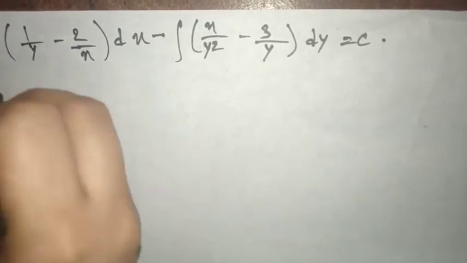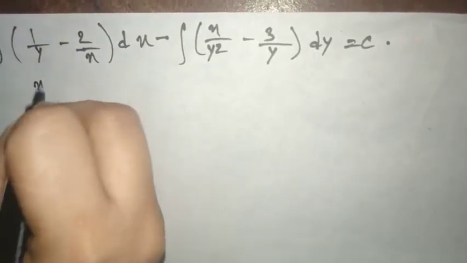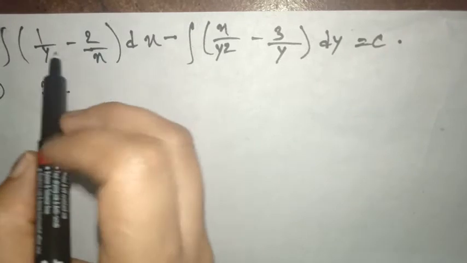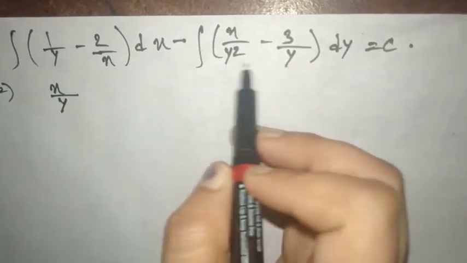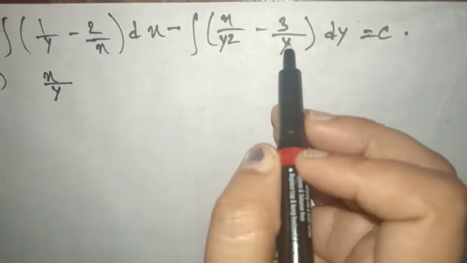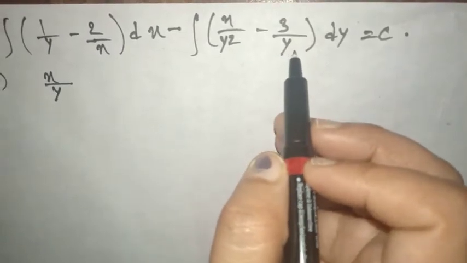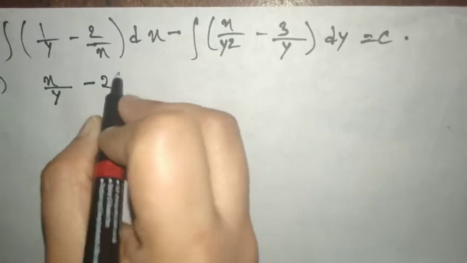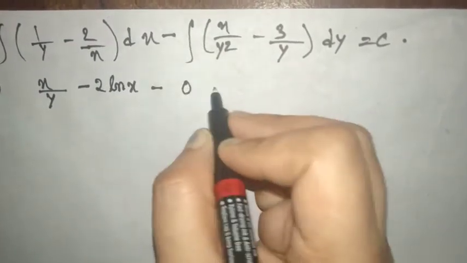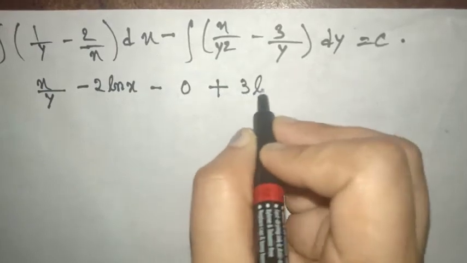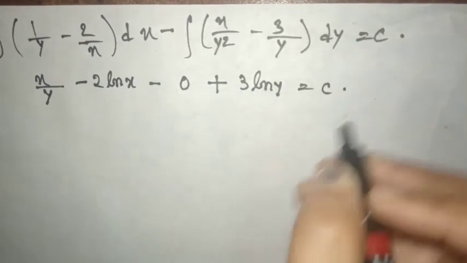Now on integration we will get x by y. Here we treat y as constant, and in the second part we only integrate those terms which do not include x. So this is minus 2 ln x, minus 0, and minus minus plus 3 ln y, which is equal to c.